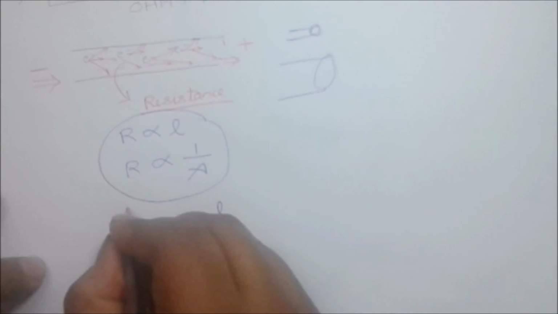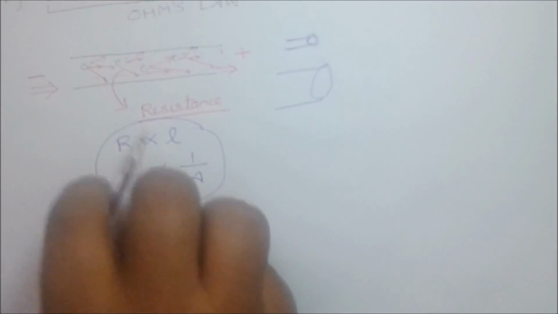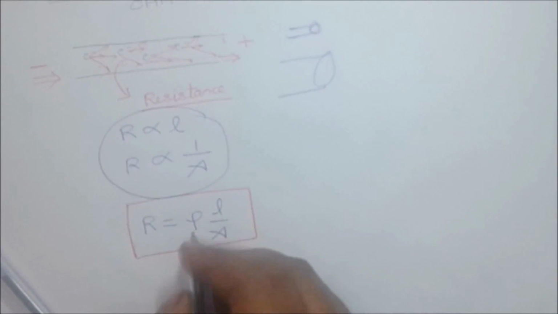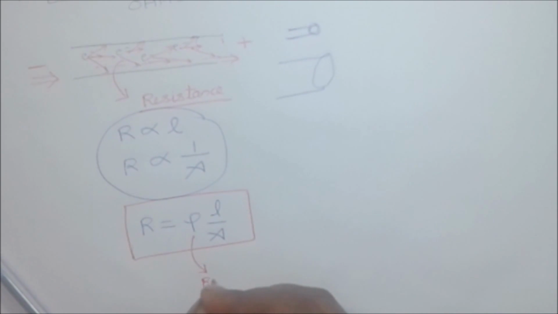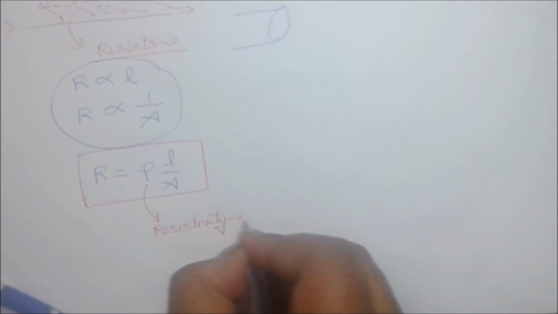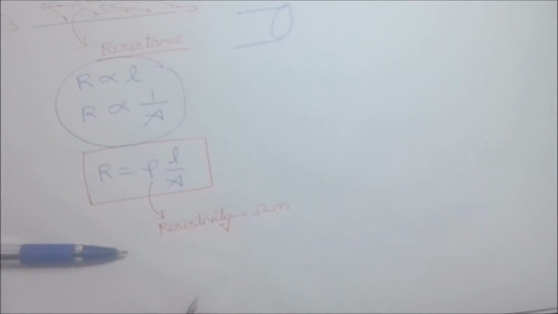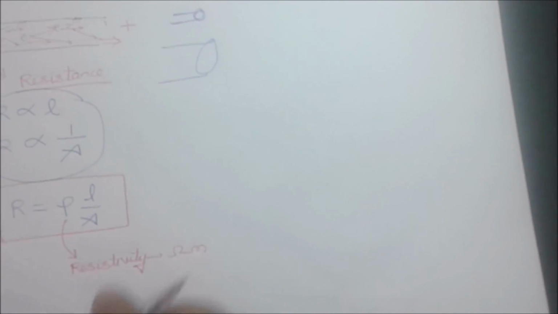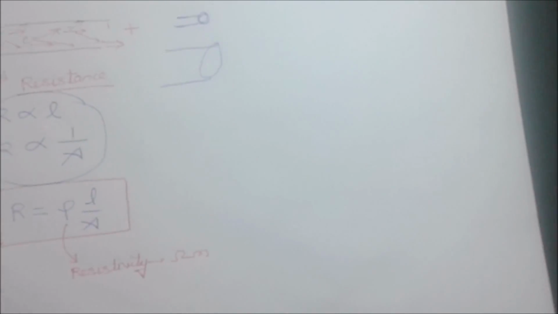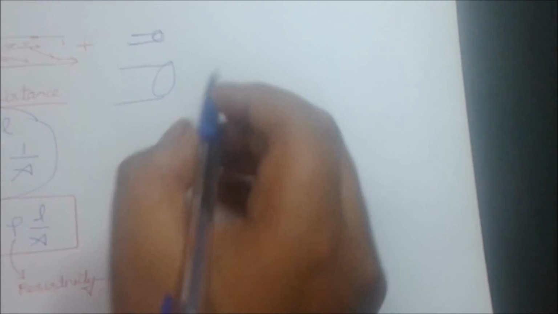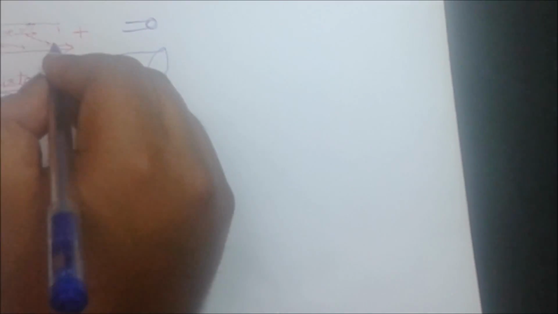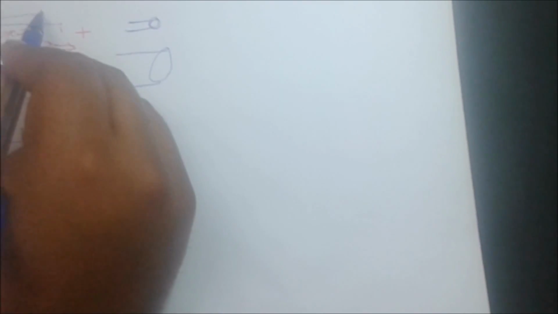Now here this constant rho is known as resistivity. Unit of resistivity is ohm meter. Now what Ohm's law states is that for any conductor we have some voltage across this conductor and we have current flowing in this conductor.